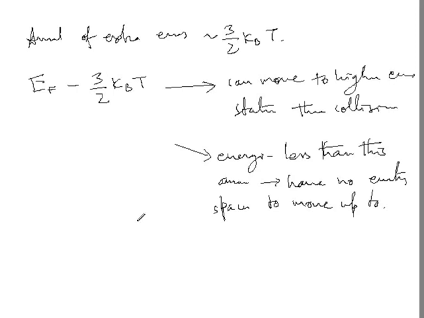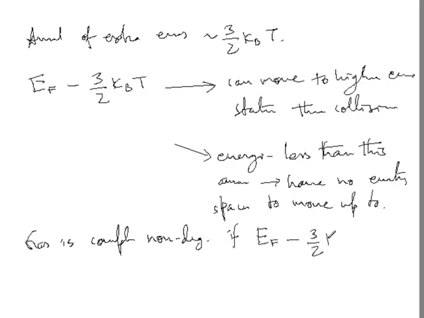In particular, it is important to note that the gas is completely non-degenerate if EF minus 3 by 2 kBT is less than or equal to 0, because all the electrons can exchange energy and therefore contribute to the ideal gas equation of state.